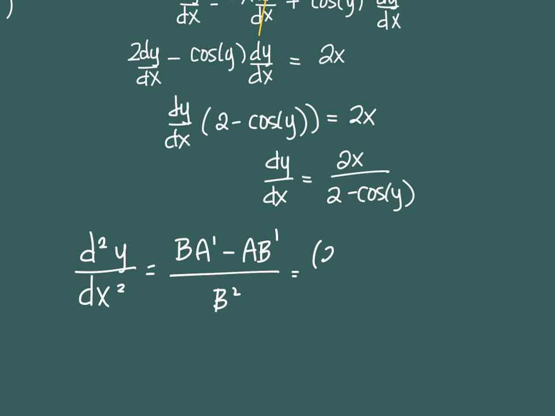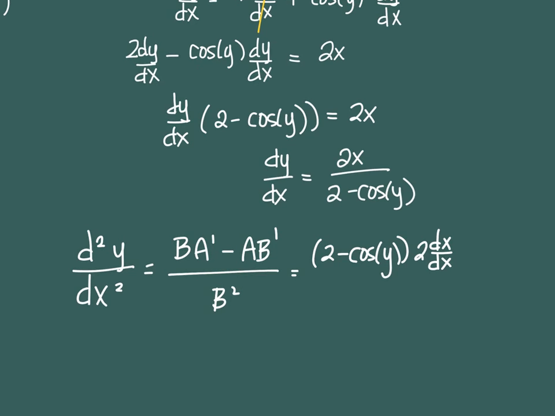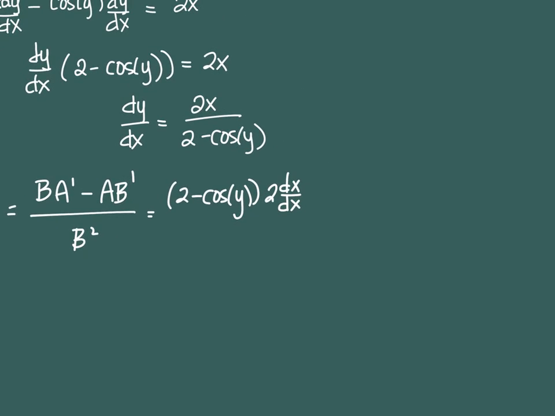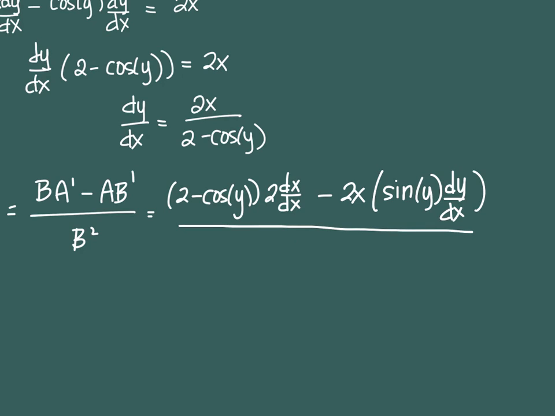So I'm going to take the base, which is 2 minus cos y, times a prime, which is 2 dx/dx, minus a, which is 2x, times the derivative of the denominator, which is sine y dy/dx, all over the base of 2 minus cos y quantity squared.